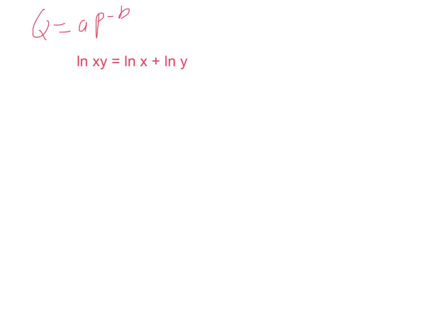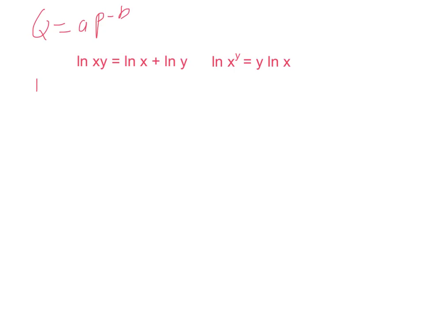Two of these are that the natural logarithm of the product of two numbers is equal to the sum of the logarithms of the numbers, and that the log of x raised to the power y is equal to y times the natural log of x.